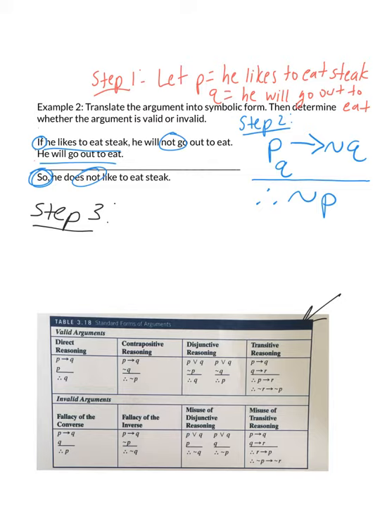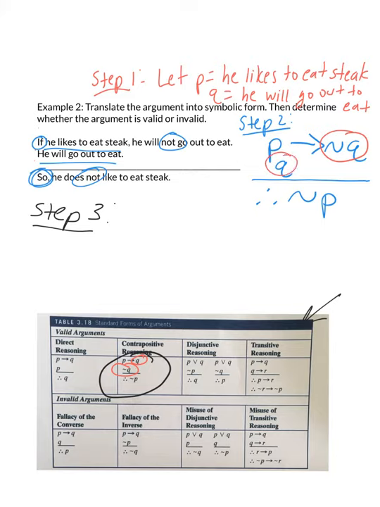And we have not an exact match, but we have something very close that I'm circling right here. So if it matches the concept that the letters are showing, you can consider that a match. So if I look closely to what I've circled, the only difference is that I have Q up here and negation Q down here. Whereas what I wrote, I have negation Q first and then Q there.